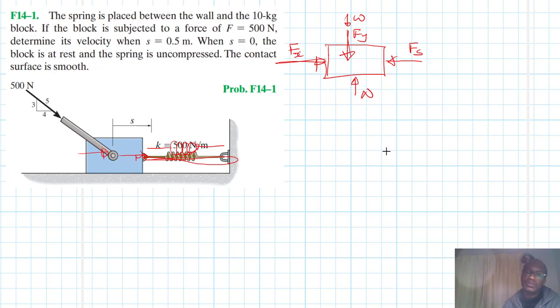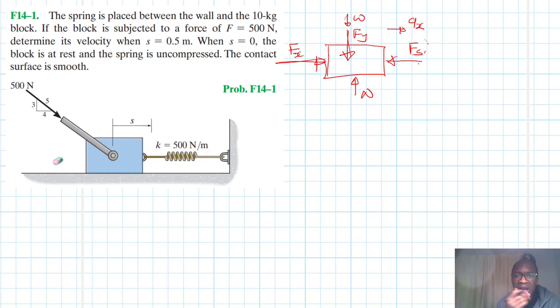So we are pushing this block in this direction, and as the applied force is pushing the block to the right, the spring force is pushing the block to the left. So basically, this is really what is happening.